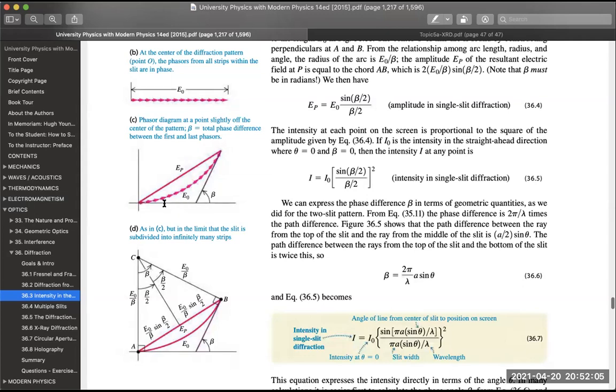I thought this was a really neat geometrical but calculus inspired derivation for the actual electric field amplitude at point P.